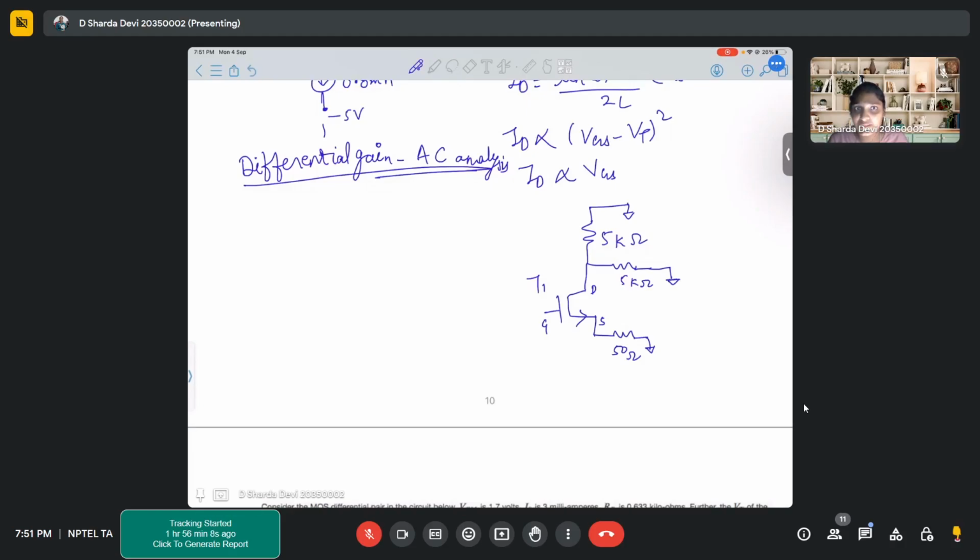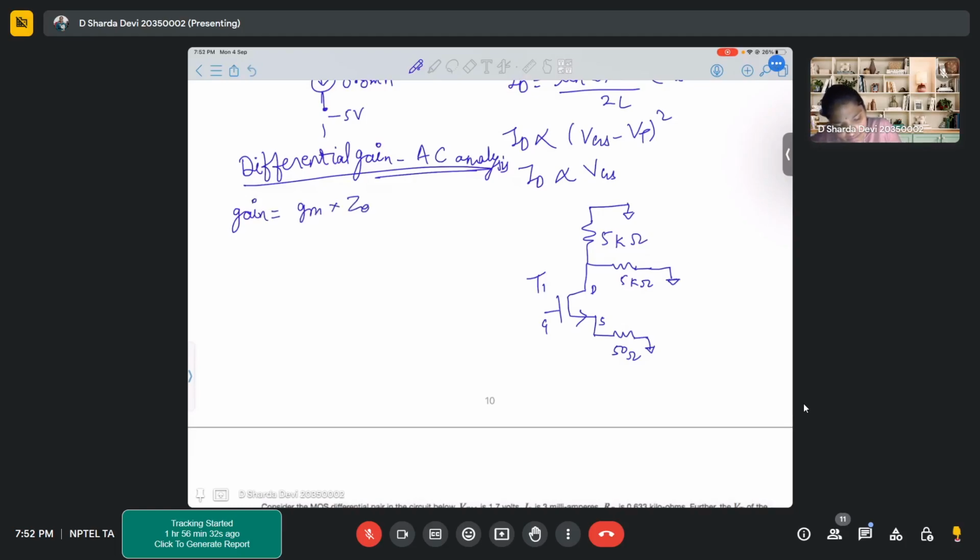Are you following? Yes, ma'am. So we can relate it with the source degenerate CS amplifier circuit. Since we already know this is a source degenerate CS amplifier circuit, how do we write the gain?